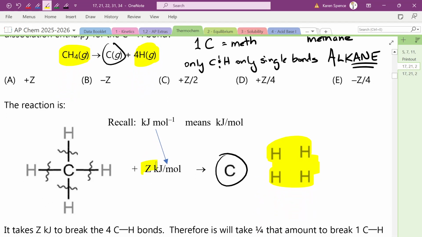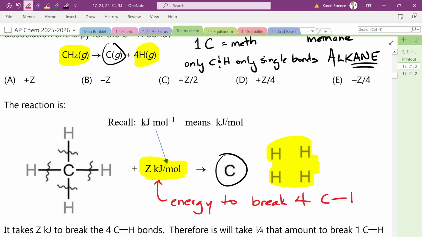So that's the energy it takes to break 4 bonds. And the question asks us, what is the energy to break 1 CH bond? So what would it be? It would be Z over 4.